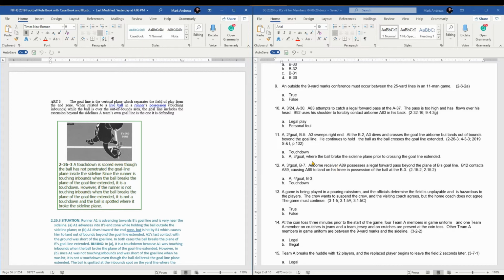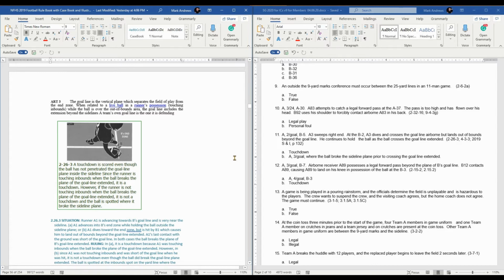Anyway, let's go on to question number 11. A, second and goal at the B5. A3 sweeps to the right end. At the B2, A3 dives and crosses the goal line airborne, but lands out of bounds beyond the goal line. He continues to hold the ball as the ball crosses the goal line extended. Is this a touchdown?